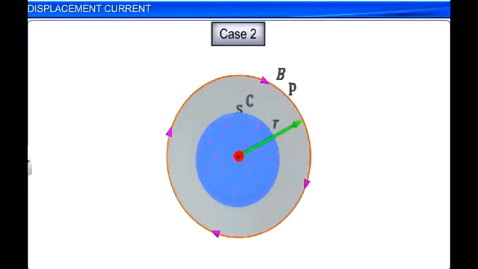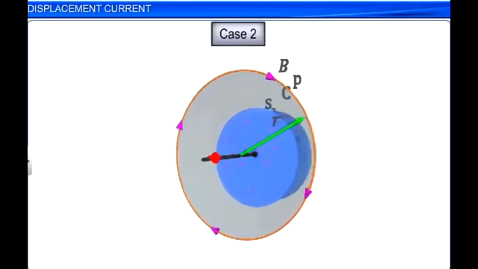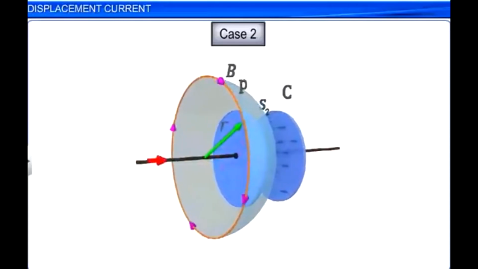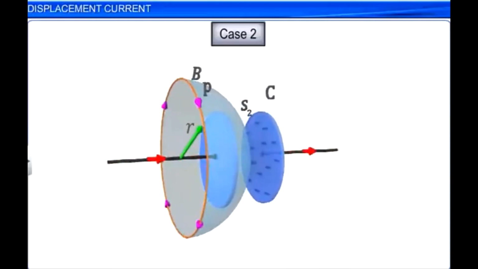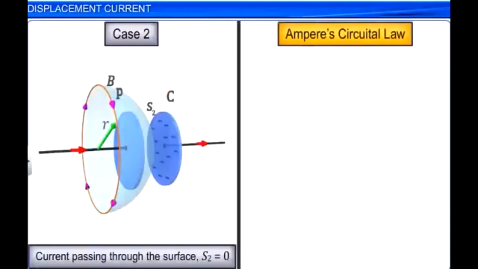The surface S2, which is in the shape of a cup, does not touch the conducting wire and the plates of the capacitor. Thus, the current passing through the surface S2 is equal to 0. From Ampere's circuital law, the integral over the closed loop of B dot dl is equal to mu naught I(t).